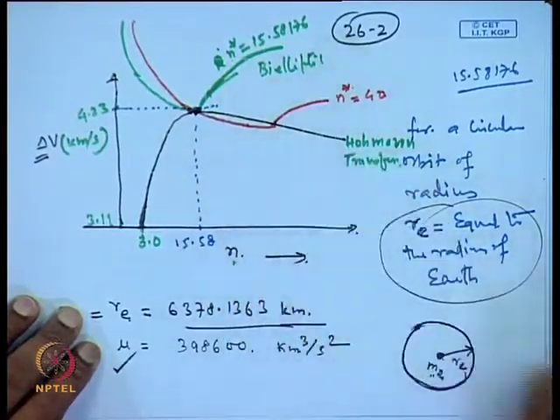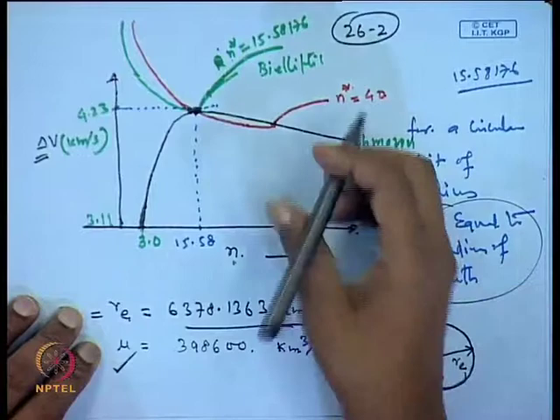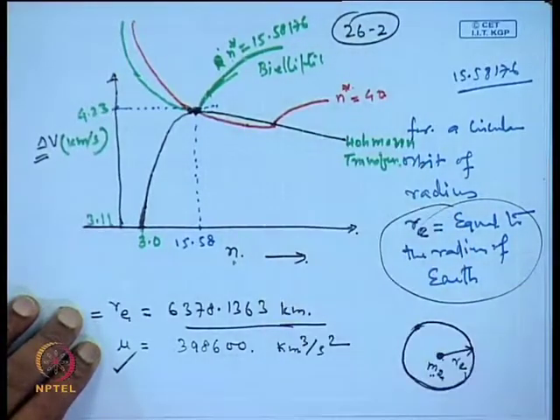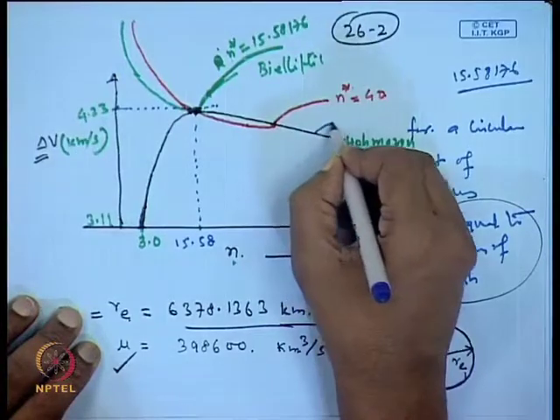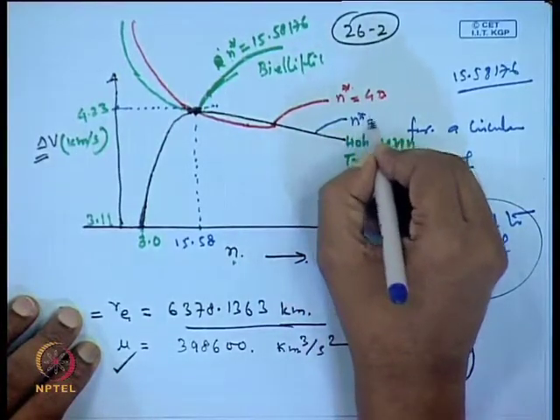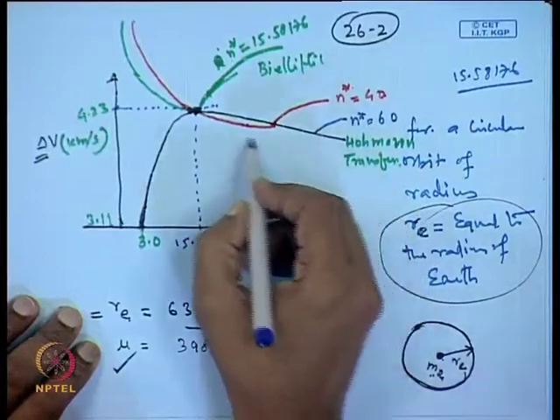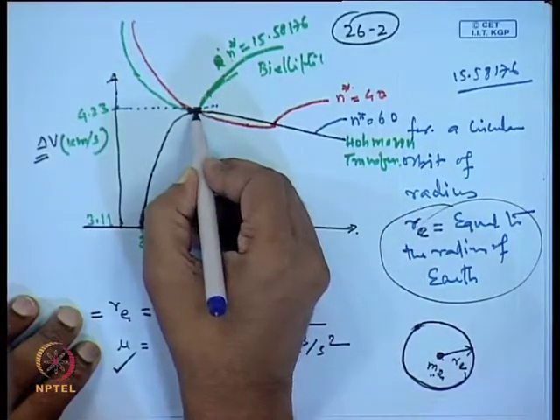Okay. Similarly, if we take the value of n star to be 60, we get another curve.